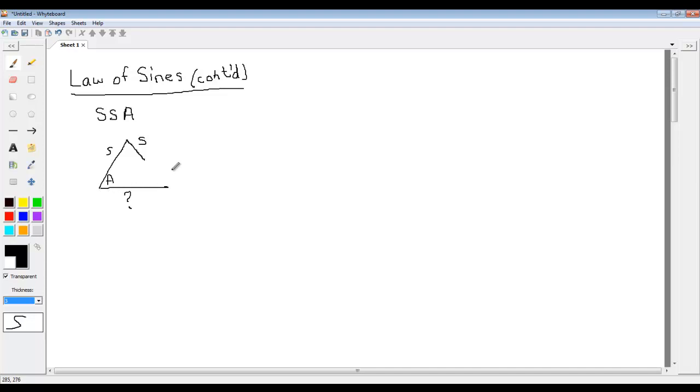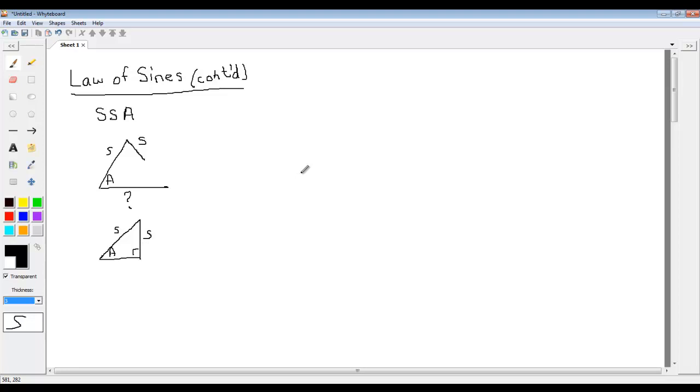Or you might end up with a situation where it looks something like this, where the angle ends up being a right triangle.